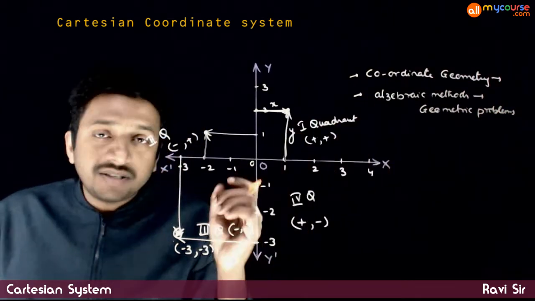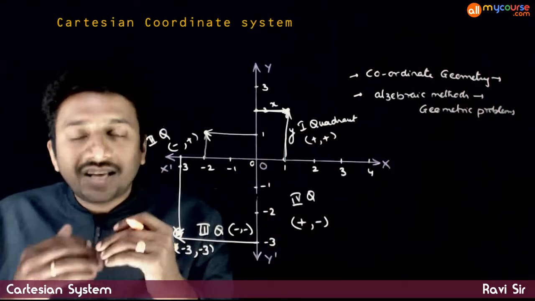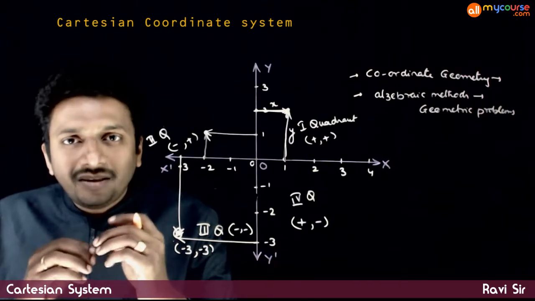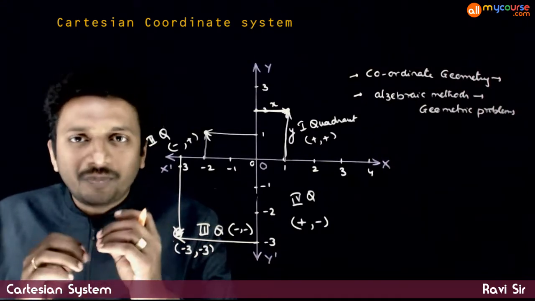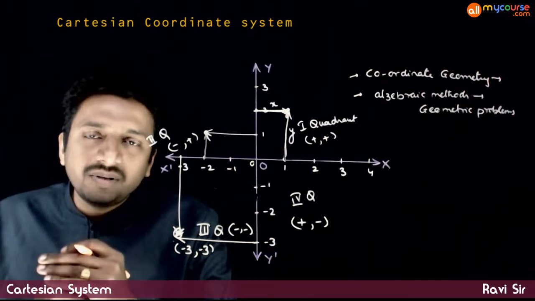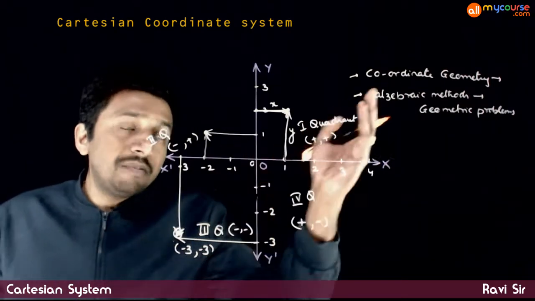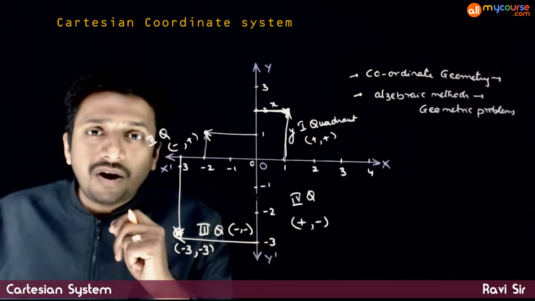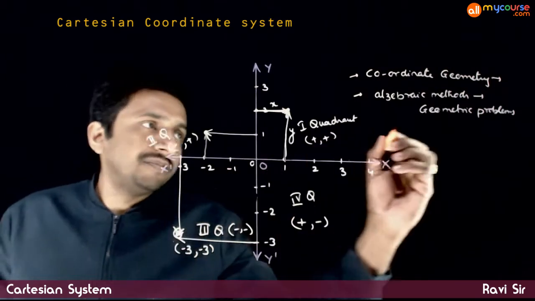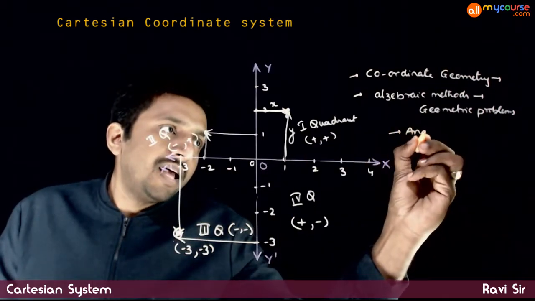Because once we represent the point by numbers x, y, we can employ the algebraic methods where you represent the unknowns by variables x and y. So this branch of mathematics is also called analytical geometry.